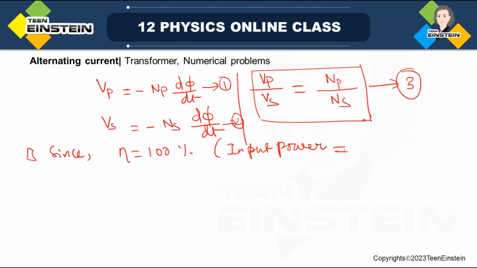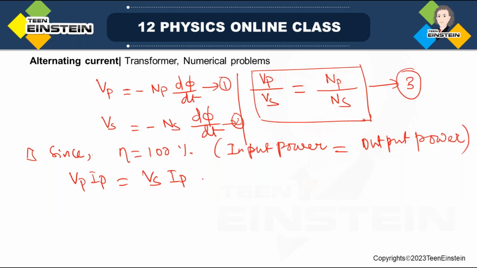That is what 100% efficiency means. So when the efficiency is 100%, we can write VpIp, the input power, is equal to the output power, or secondary power. Primary power equals secondary power.